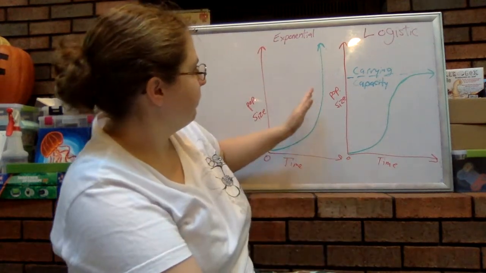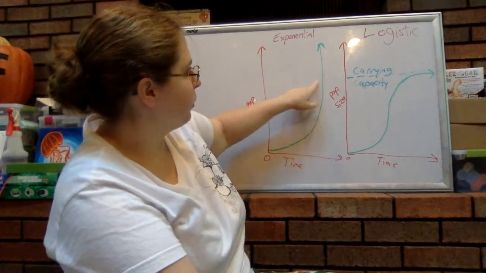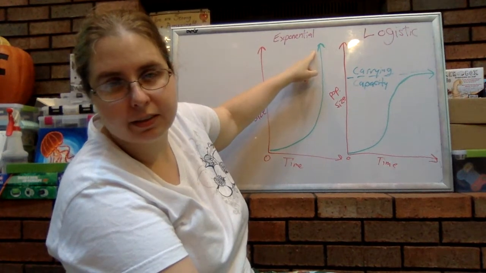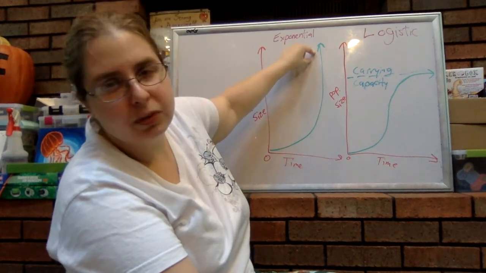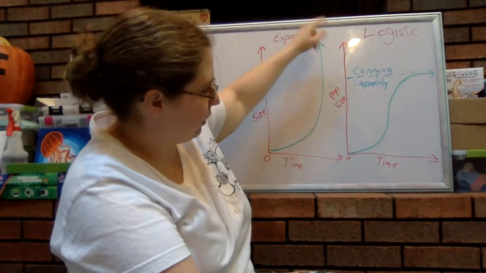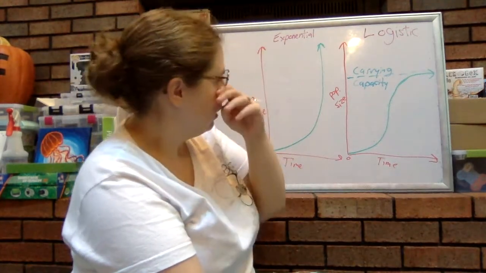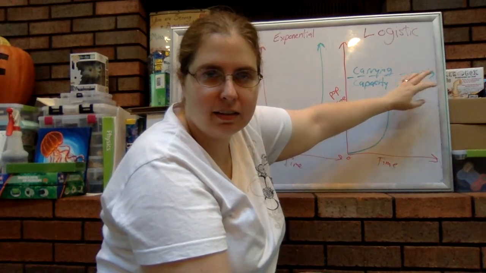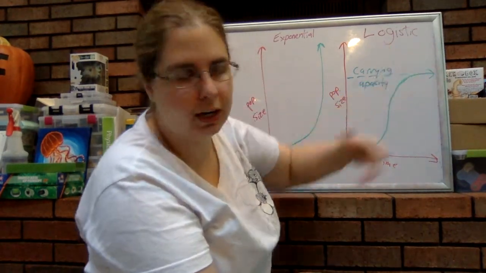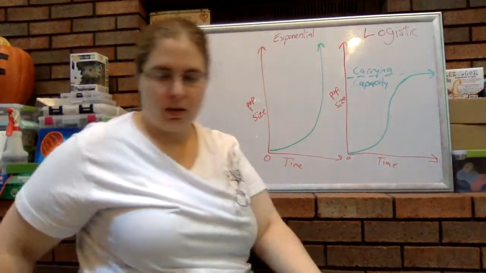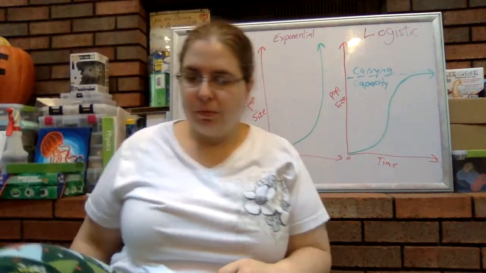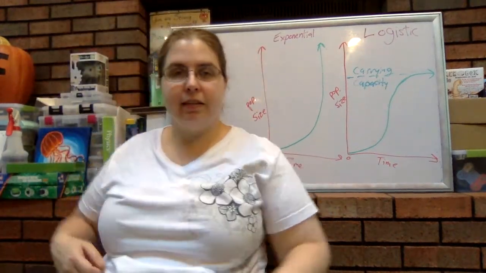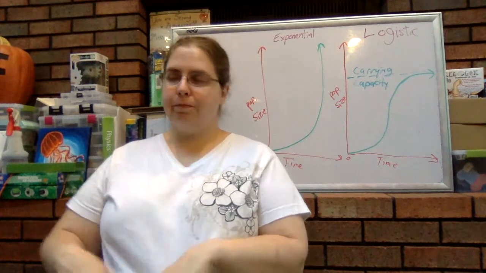So instead of, as we saw with exponential growth, going way past the carrying capacity, which means that there's a lot more individuals than can be supported, which will then lead to a population crash, the population stabilizes at or around the carrying capacity. So that maintains the maximum number of individuals that can easily survive and thrive there.